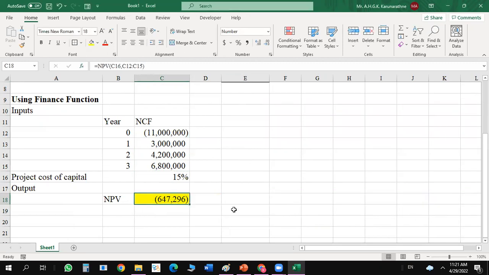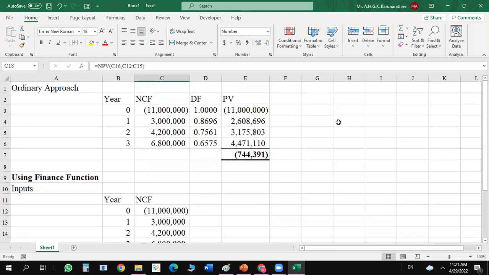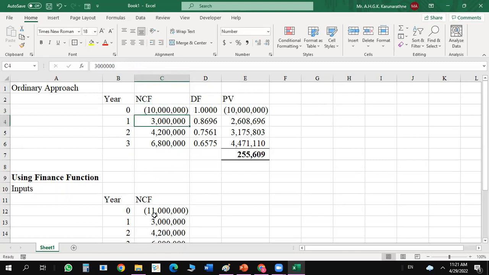What is the problem? This time, according to this inbuilt formula approach, it is a minus figure. We'll take the original value, 10 million, right? And this is also 10 million.